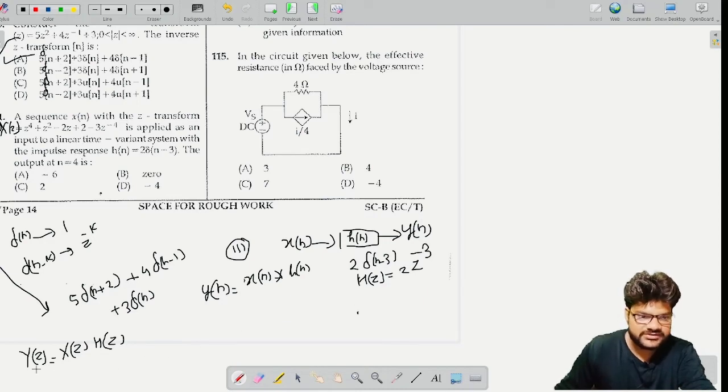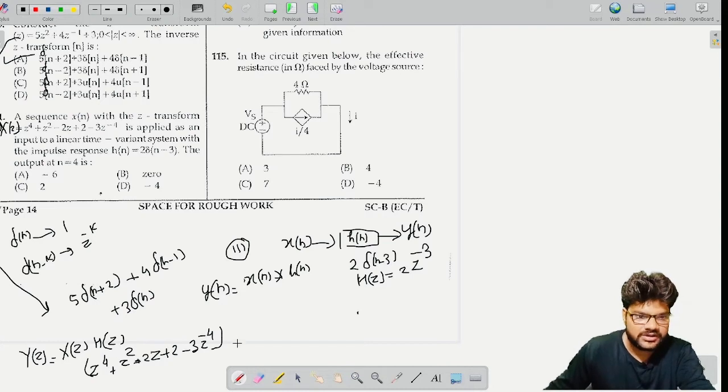So X of z is z to the power 4 plus z square minus 2z plus 2 minus 3 z to the power minus 4, and H of z we found is 2 z to the power minus 3.